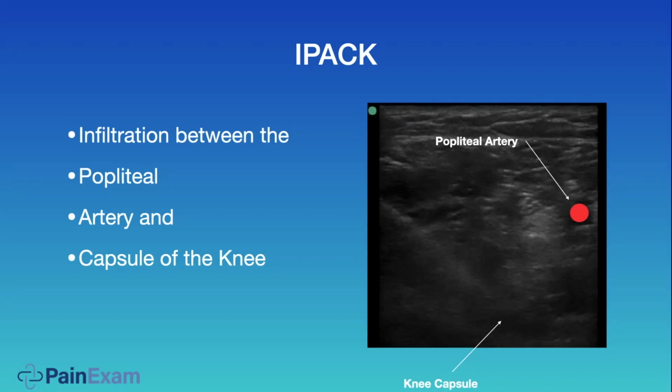So I think you need to know it because it will be at some point reimbursed, or there may be a way to get reimbursed for this code, but it's very, very important for the anesthesiologist who's doing the knee surgery, especially knee replacements. Here's the tibial nerve right here, the popliteal artery, the needle, posterior capsule of the knee.